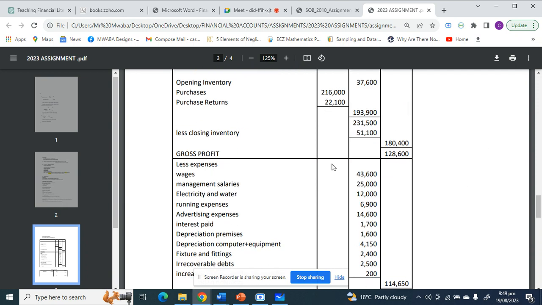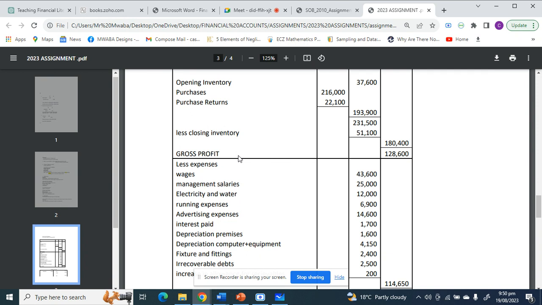Okay. After you tabulate your gross profit, you need to look for any forms of income or other forms of revenue. Right? If you hear, for example, discount received, that's a gain. All right, you add it to your gross profit. If you hear rent received, commission received, anything that has a received at the end, you add it to gross profit.